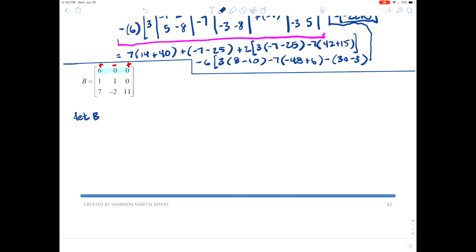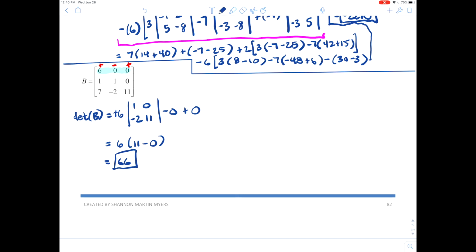The determinant of B will be equal to positive 6 times the determinant, what? 1, 0, and then negative 2, 11, minus 0 plus 0. And then that's going to be 6 times 11 minus 0, which is 66. Cool? That was easy, huh?